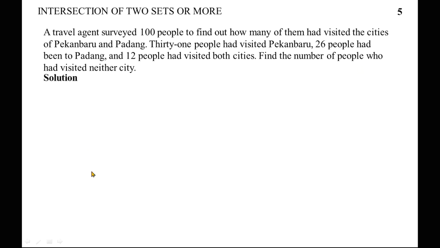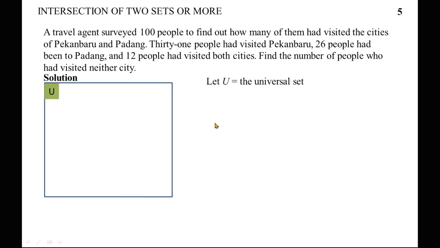The solution is: let the universal set equal U, and this rectangle shows the Venn diagram for the universal set.